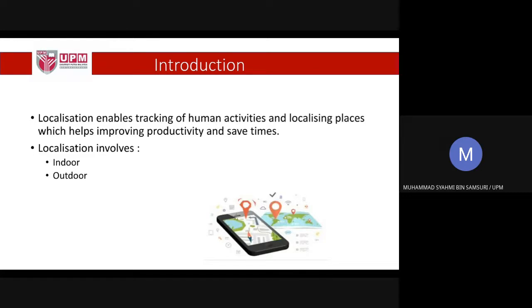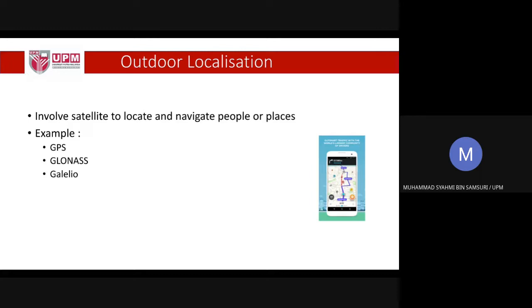Localization involves indoor and outdoor. Let's go for outdoor localization first. The technology works based on satellite navigation systems such as Global Positioning System, GPS, Global Navigation Satellite System, GLONASS, and Galileo.